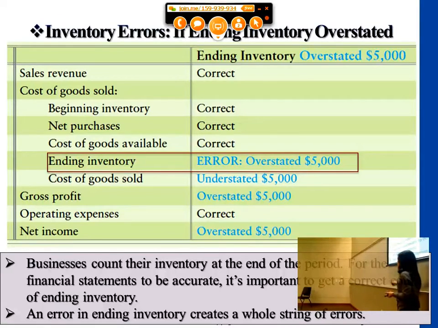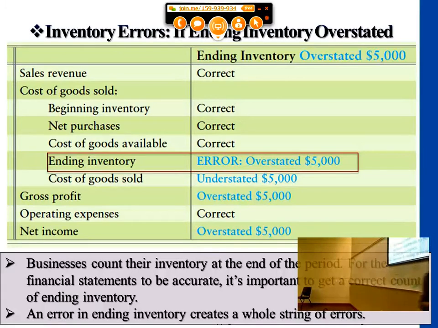Once you start selling them, a part of it turns into cost of goods sold expense, and at the end you only have the remaining part for ending inventory. So if the remaining part of ending inventory is overstated by $5,000, then this part here will be understated by $5,000, because the total would always be the same amount, adding up all the purchase transactions of inventory. Okay, so this is what this table is trying to show.